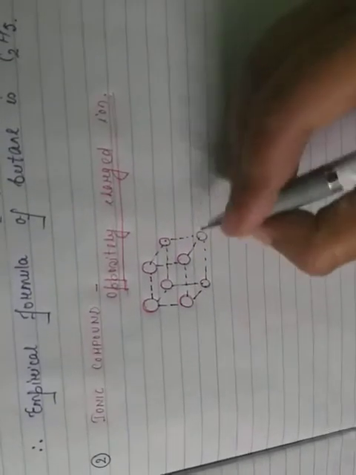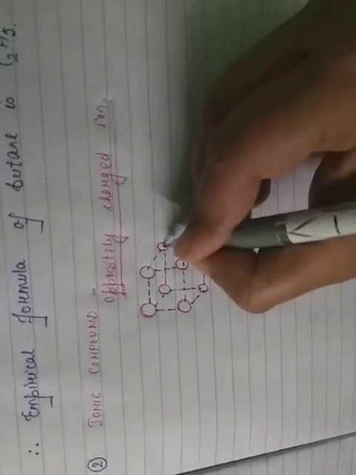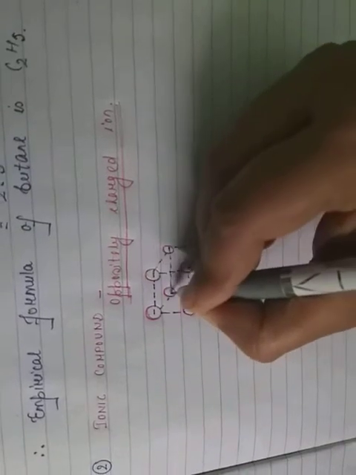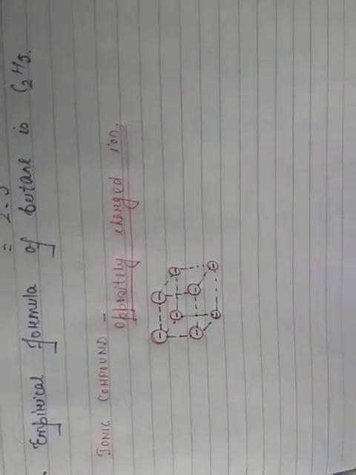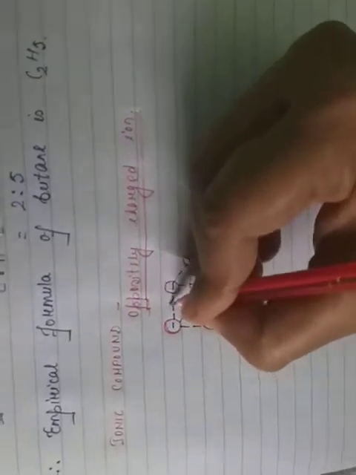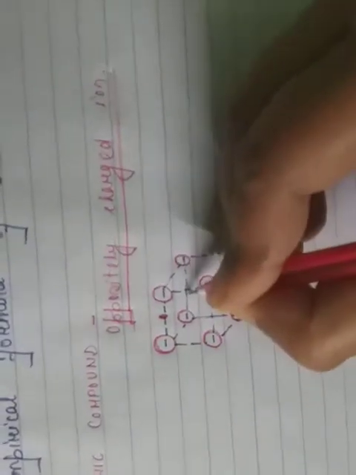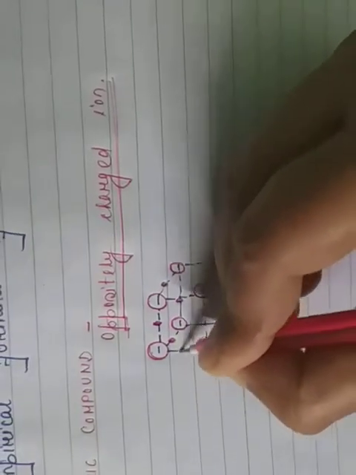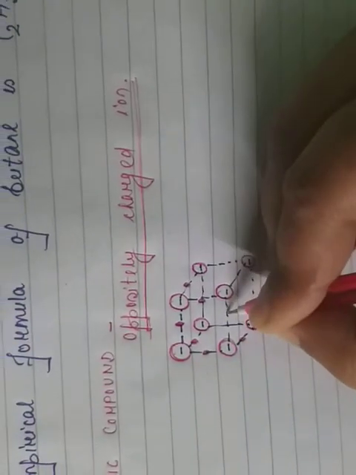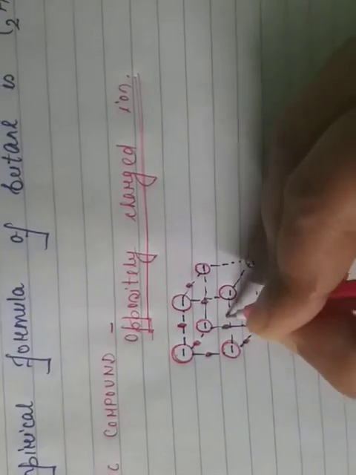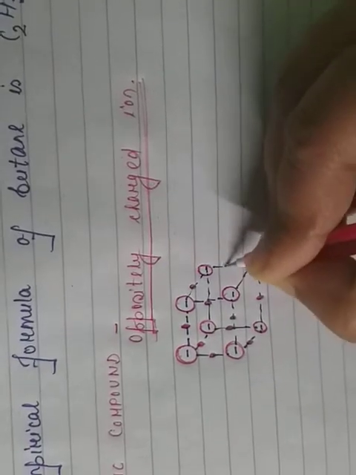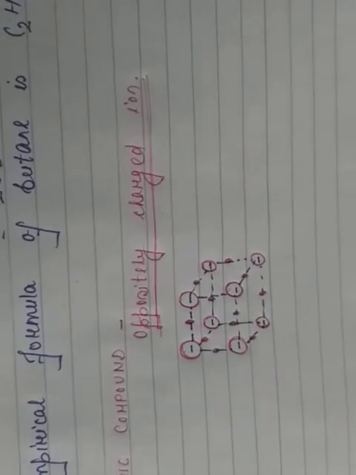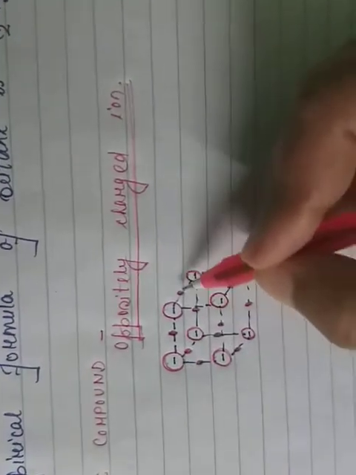These are all Cl minus of equal size, and in the middle all these dots stand for Na plus. So in a particular crystal, if we join this we will again get another cube and so on.